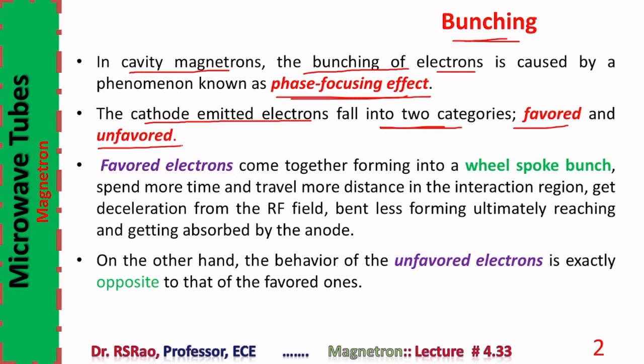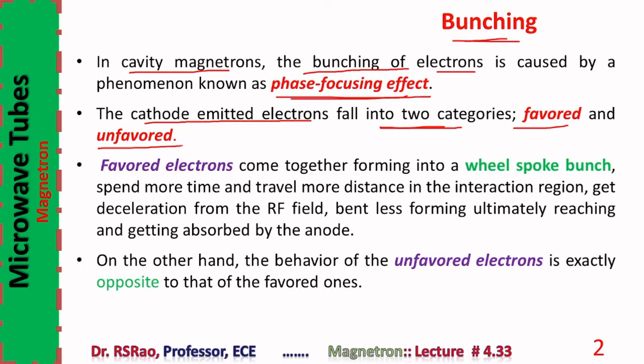Unfavored electrons are called unfavored because they don't participate in the energy transfer from DC or static electric field to the rotating RF field or wave that exists in the interaction region.